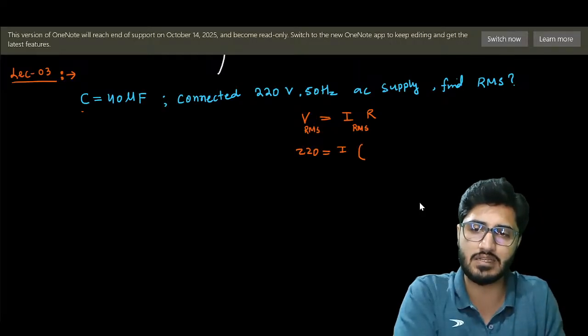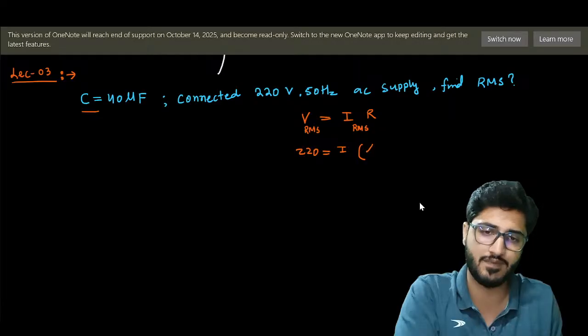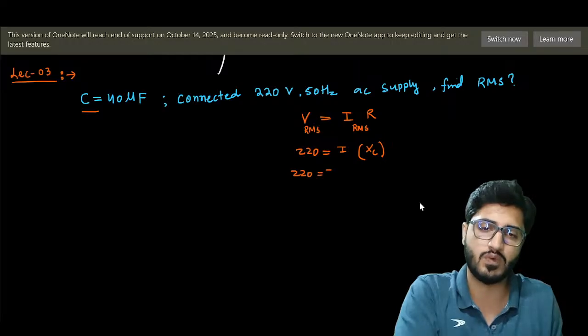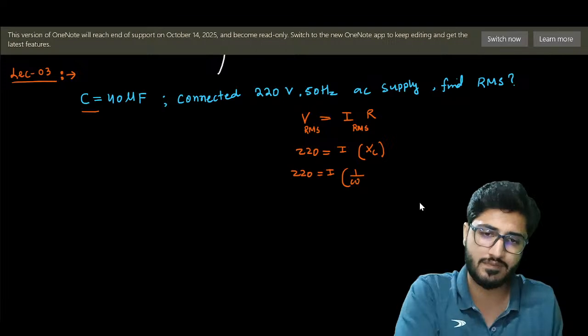In C, R is XC, capacitive reactance. So I can write 220 equals I times XC. XC is 1 by omega C. So I will be 220 multiplied by omega multiplied by C.